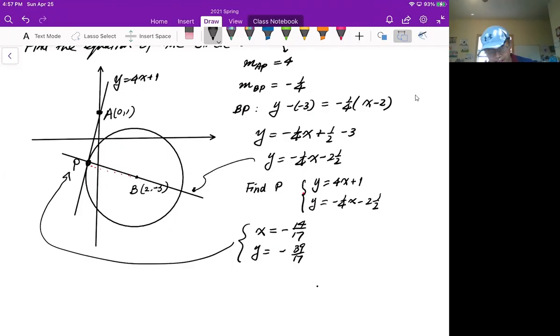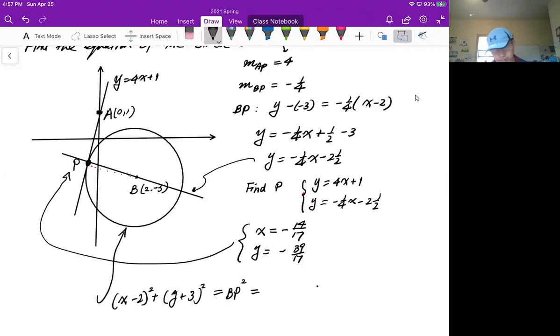Okay, now let's answer the question. The question is that I want to figure out the equation of this circle. So what's the equation of this circle, where the center is (2, -3), right? So because of the center, I can have (x minus 2) squared plus (y plus 3) squared on the left, and the right-hand side will be the square of the distance BP.